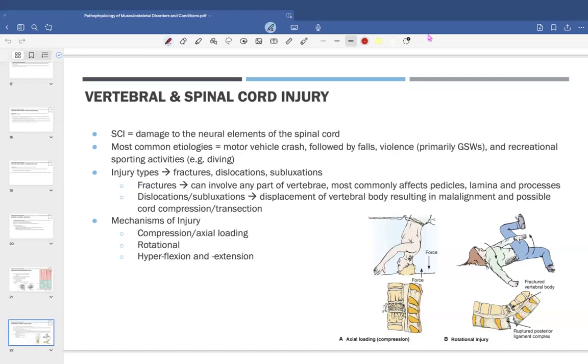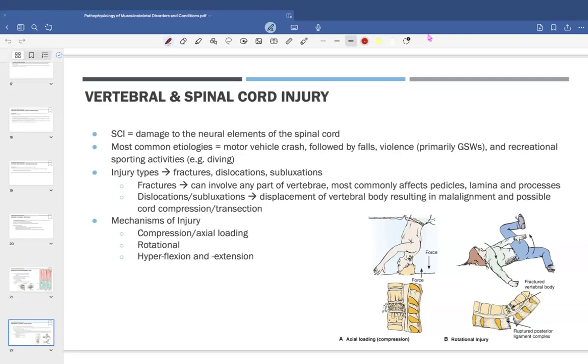When you have high speed, high velocity, forceful, impactful injuries, that's going to raise your suspicion level. Falls are often another common cause. Violence, especially gunshot wounds.